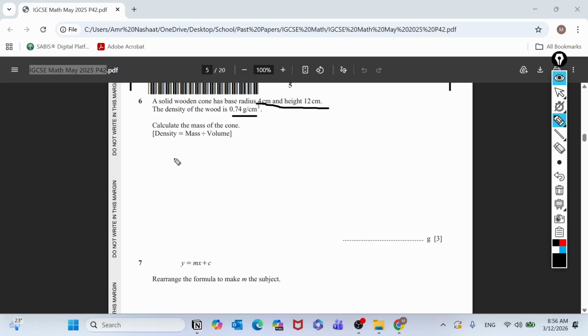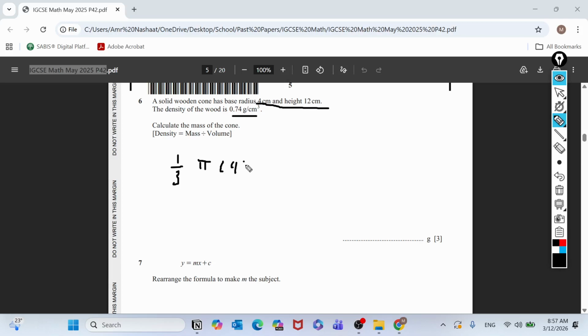Okay, so formula for a cone was 1/3 times the area of the base, which is the surface area of the circle. So pi r squared, r is 4.